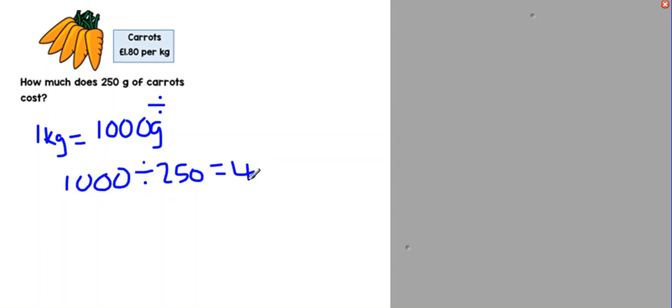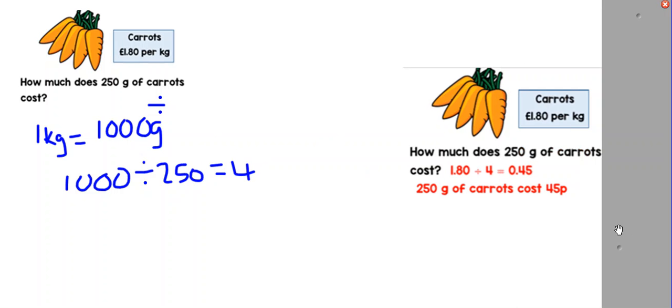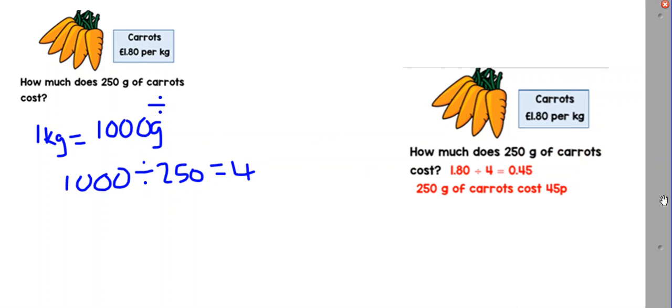Okay, 4 lots of 250 in 1,000. Okay, so then from there, you would do the same with your £1.80. So you would divide it by 4. So £1.80 divided by 4 is 0.45. So 250 grams of carrots would cost 45 pence.